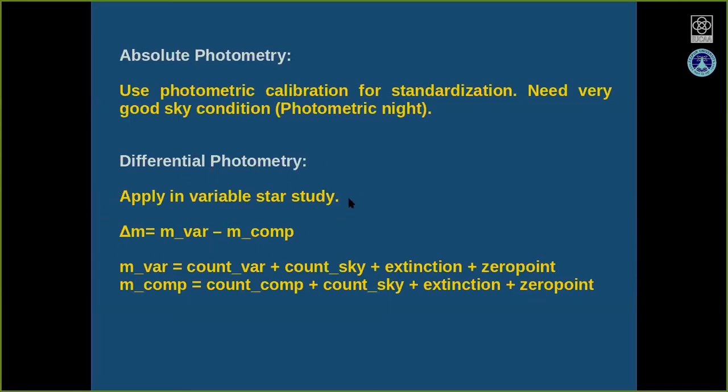Generally, all variable star people use this differential photometric technique. But if you are going to do photometry for other objects, such as a cluster or galaxy, then nobody will suggest you do differential photometry, because in that case you have to go for absolute photometry, right?